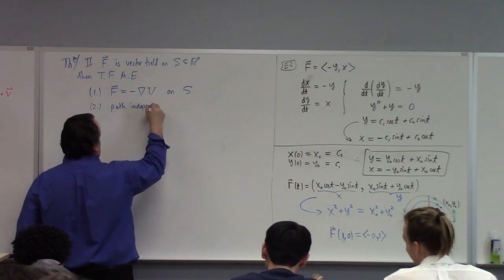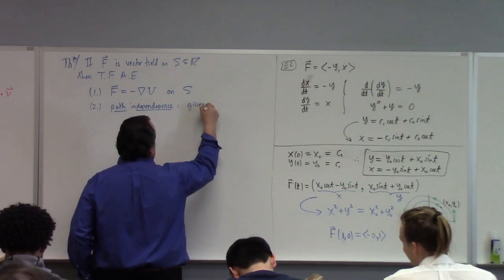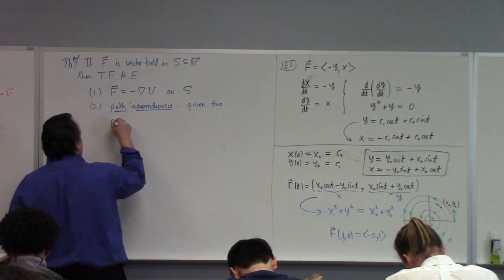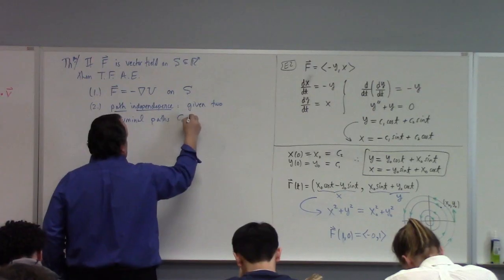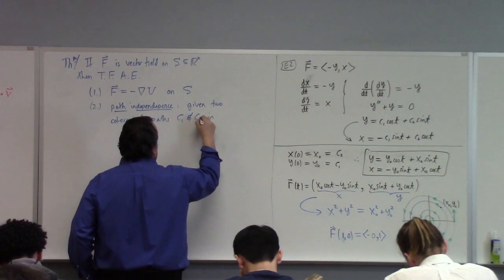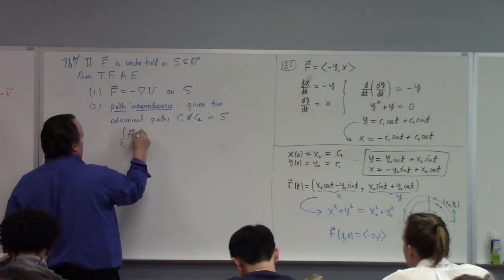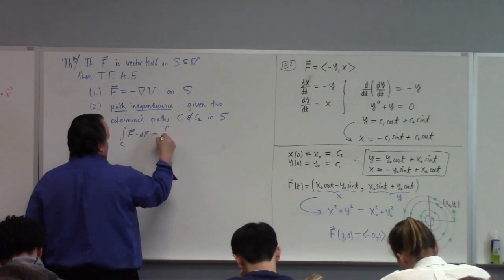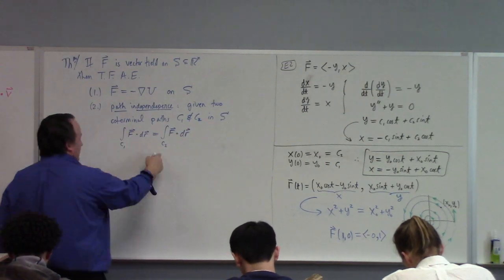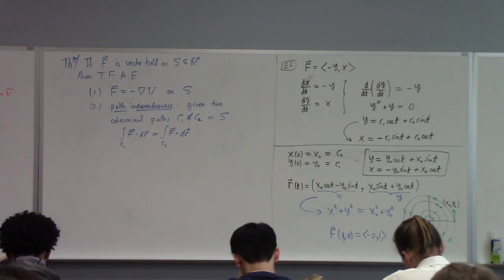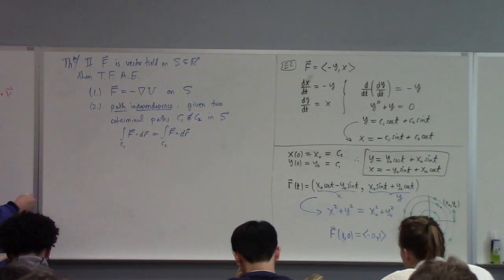What we mean by that is, given two coterminal paths C1 and C2 in S, the work done by the force along C1 is equal to the work done by the force along C2. The line integral of F along C1 is equal to the line integral of F along C2. So that's another equivalent condition.